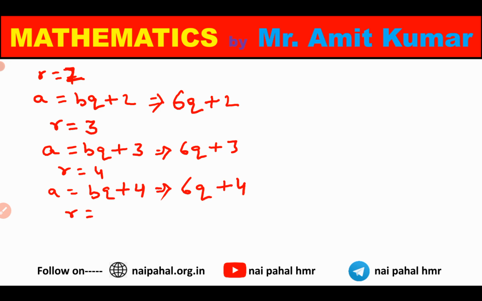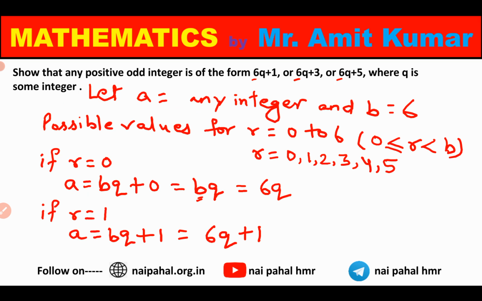Again repeat this process for 5. a is equal to bq plus 5. For that b is 6, so it will be 6q plus 5. Come back once again to the integers we have as q. If we take 6 and q as 1, q may be any integer, 6 times 1 is 6, or 6 times 2 is 12.